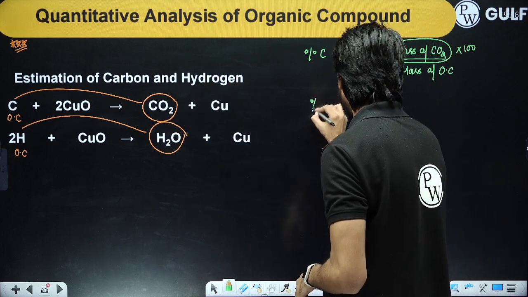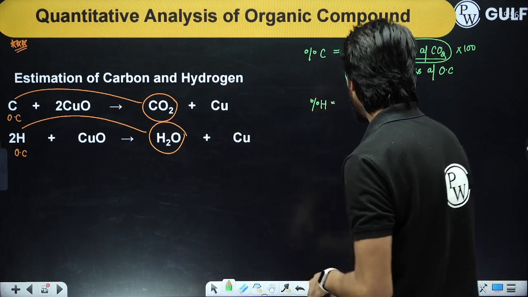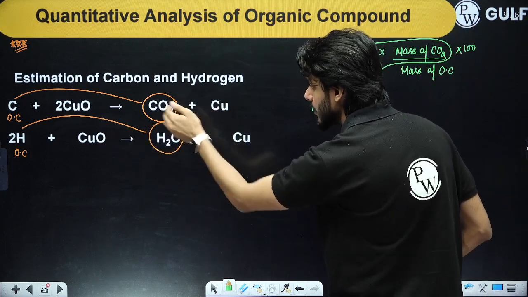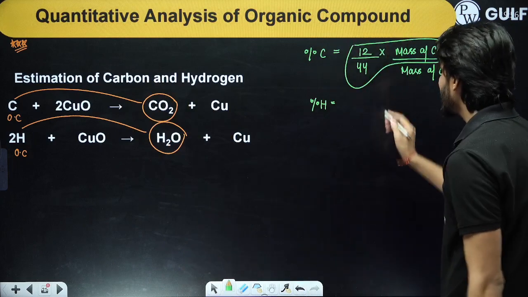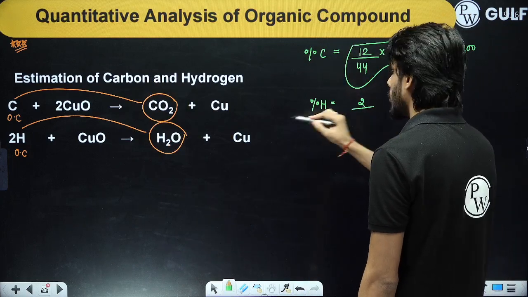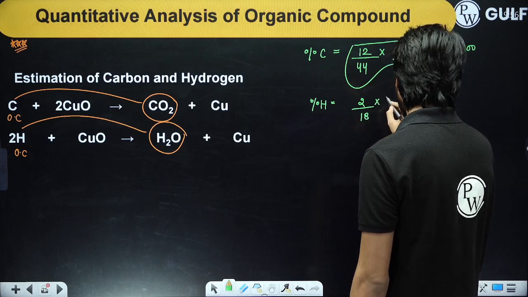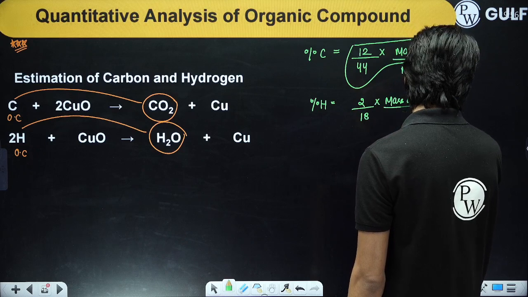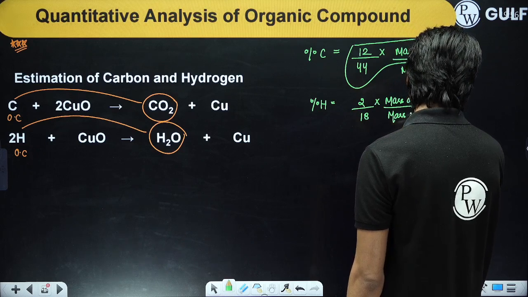have the percentage of hydrogen using the stoichiometry here, guys. Hydrogen and H2O have a relationship. So you will have the molar mass of hydrogen, which is 2, over the molar mass of H2O, 18, multiplied by the mass of H2O given here divided by the mass of organic compound.